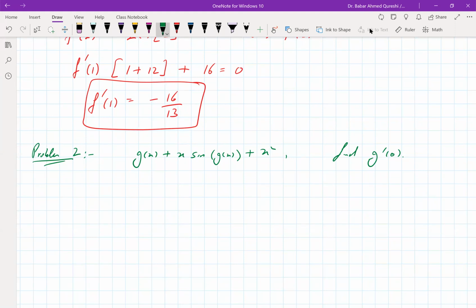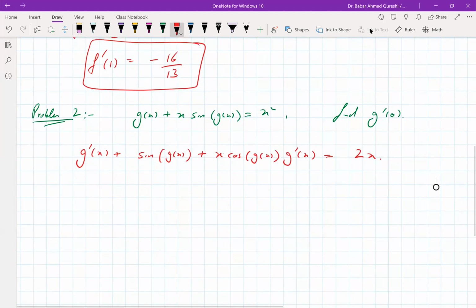This is not plus x squared, this is the equation. So again, just compute the derivative. You get g derivative of x plus x as it is, and the derivative of sine, which is cosine, and then the derivative of what is inside. And here just 2x.